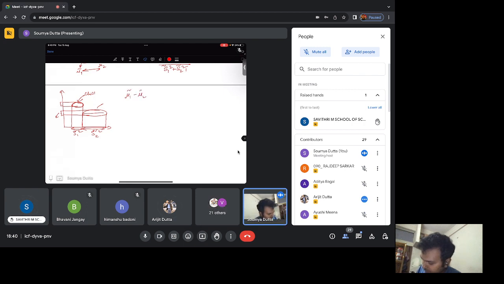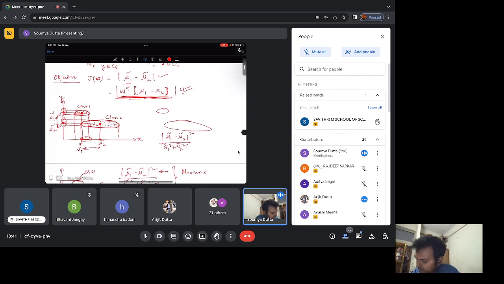Your objective function becomes something like this, and apart from this, you're also trying to minimize this, because only then will your final objective function be maximized, right? You were trying to maximize the distance between the two means.